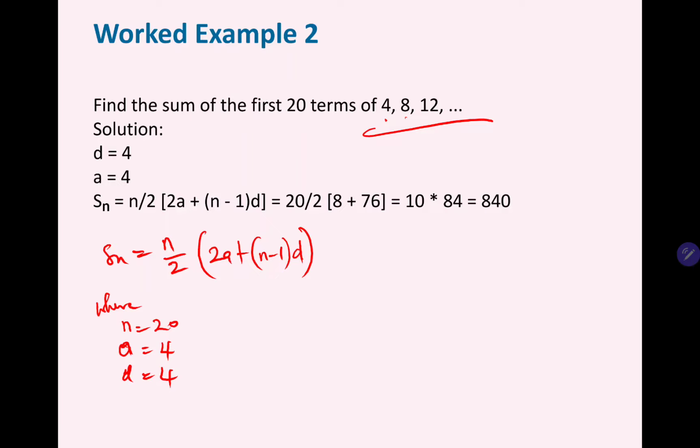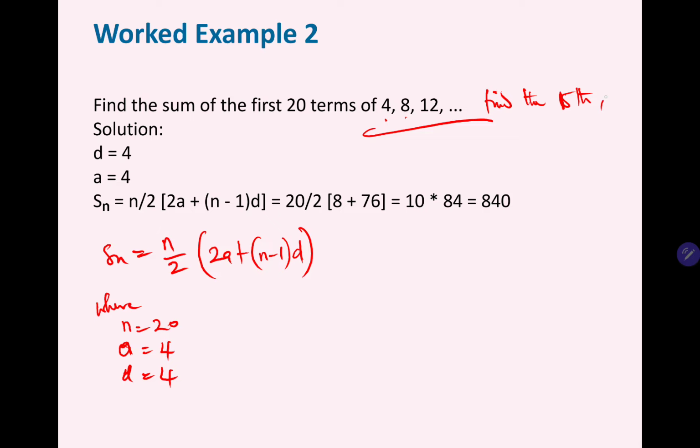All right, so let's add something to this question. Also find the 15th term. So we're told to find the sum of the first 20 terms and also find the 15th term. Remember, to find the sum of the first 20 terms and to find the 20th term are two different things.